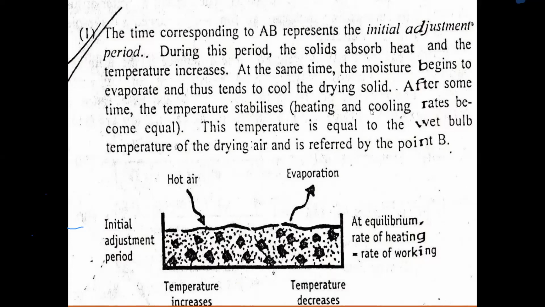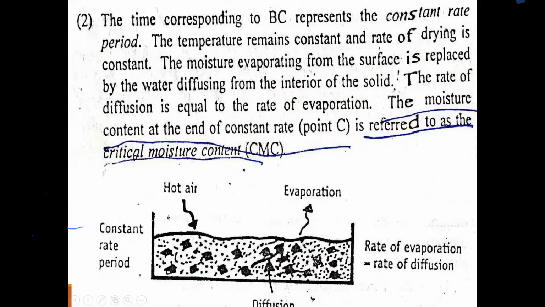We have seen that already. After some time the temperature is stabilized, and the rates of heating and cooling become equal. The heating and evaporation are equal, and the wet bulb and dry air temperatures are the same, and that point is called point P. Next, from B to C is called the constant rate period.